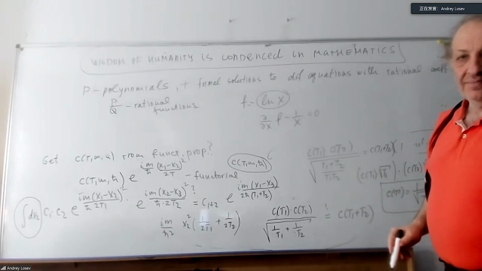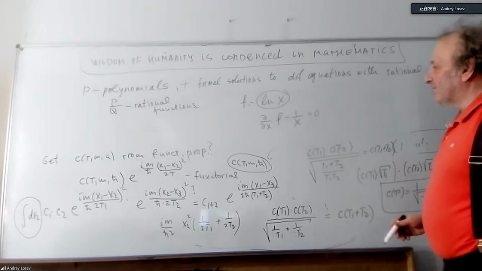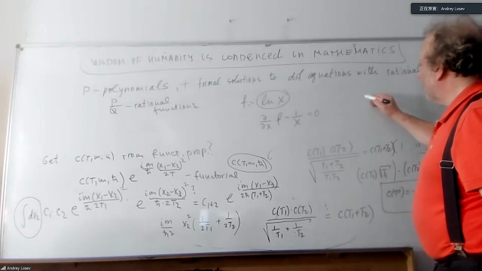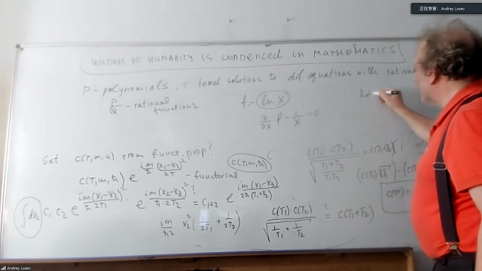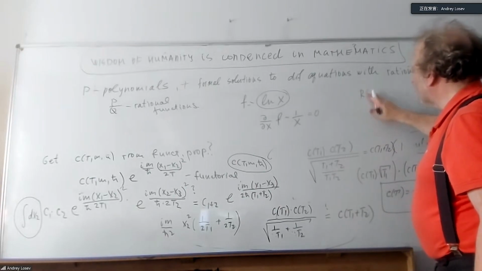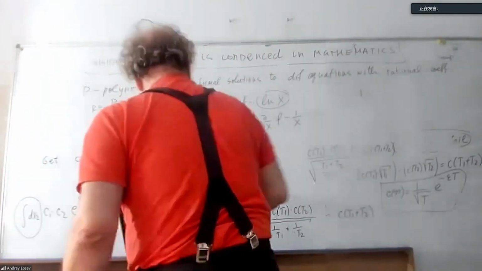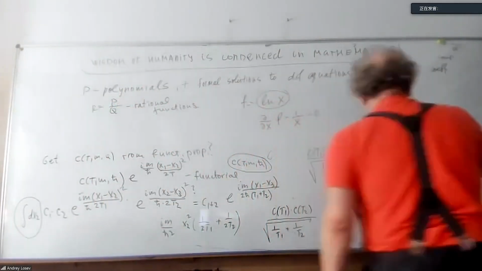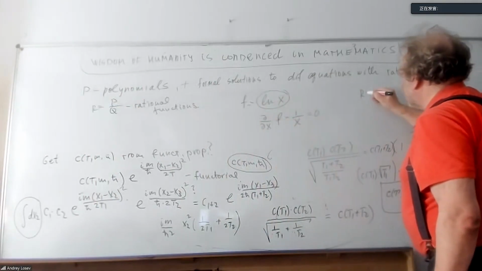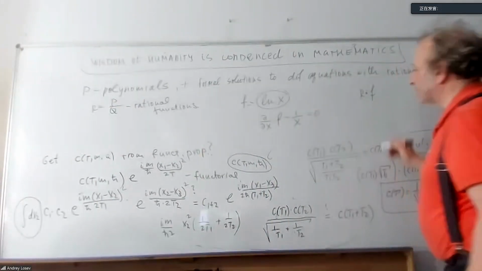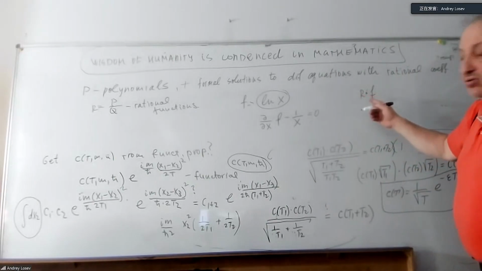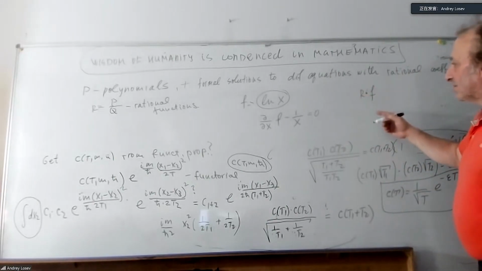And then, when you do this, you know what a rational function R times this F is. What do you know about it?